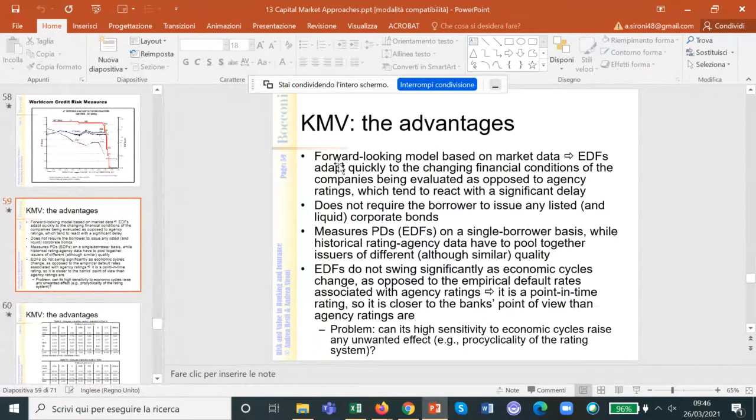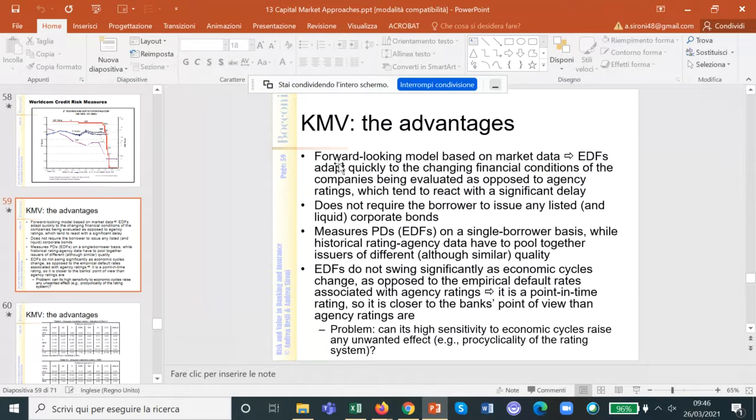So to recap, the KMV model has a number of advantages. It's forward-looking. It does not require the borrower to issue bonds, because we can look at the market cap and the equity volatility, and then use them to estimate asset volatility and asset value.